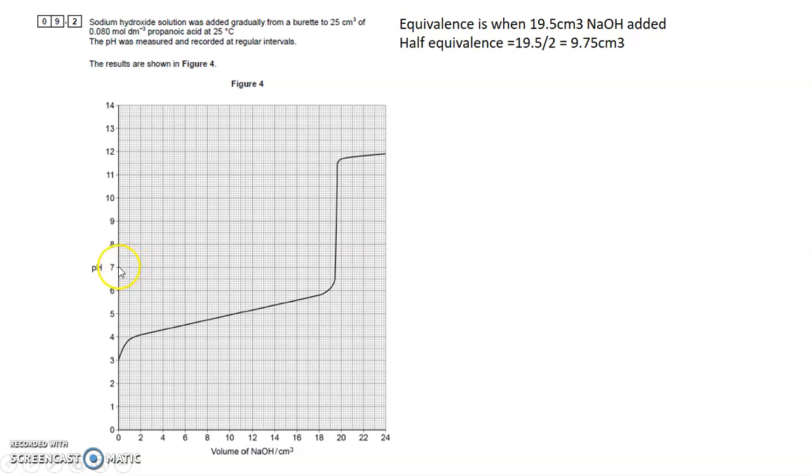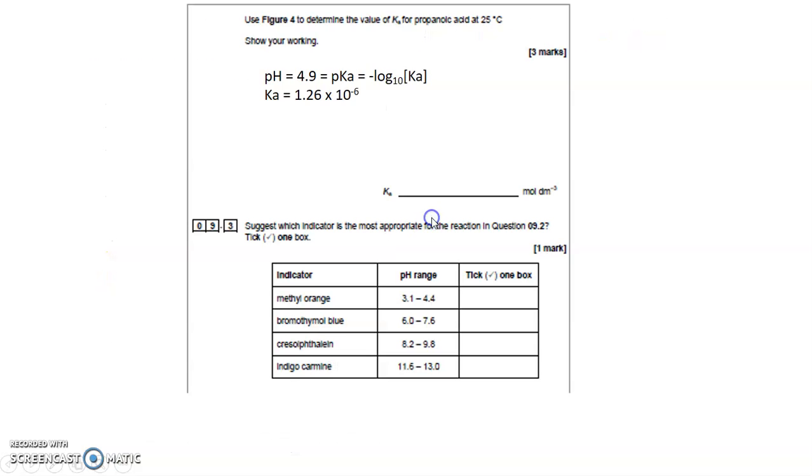So I want an indicator that's going to work in the range pH 7 to 11. So 8.2 and 9.8 are between 7 and 11. So cresol phthalate is my answer.